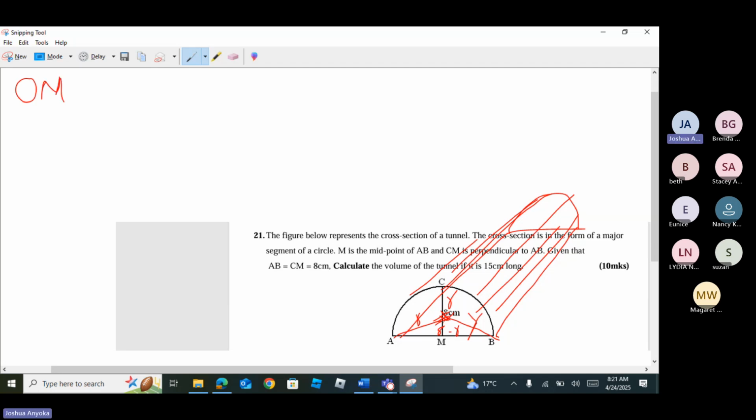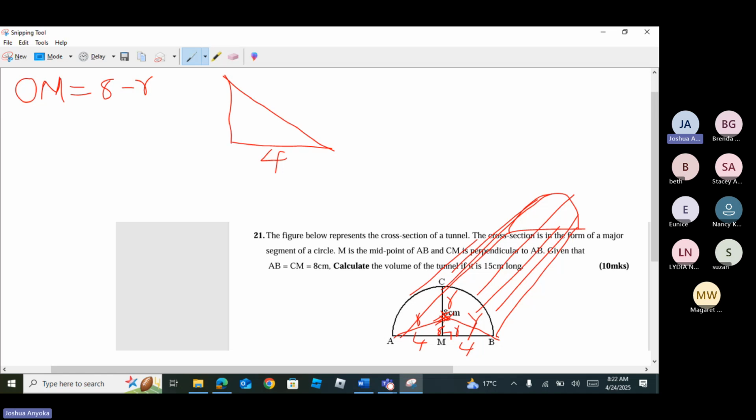So the distance from the center to M is 8 minus R. If that's the case, we have a right-angled triangle of this kind. If I extract one, this side will be 4 because AB is equal to 8 and M is the midpoint, so it divides this side into 4 centimeters, 4 centimeters.